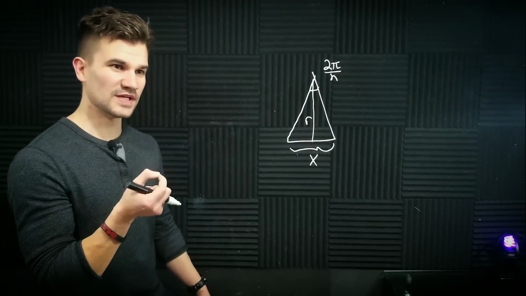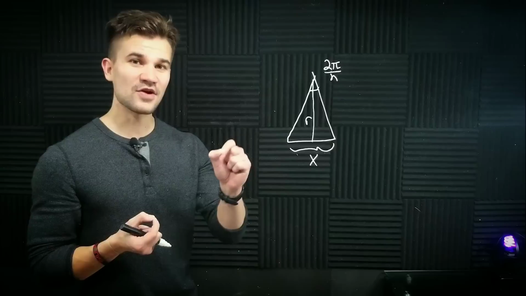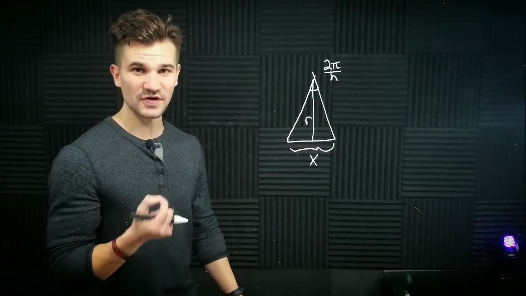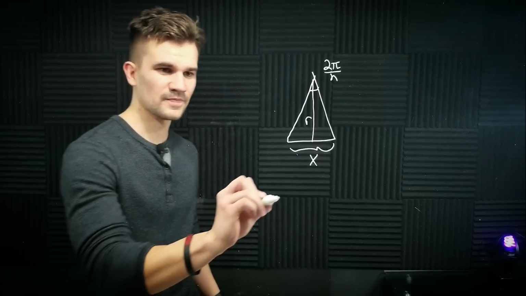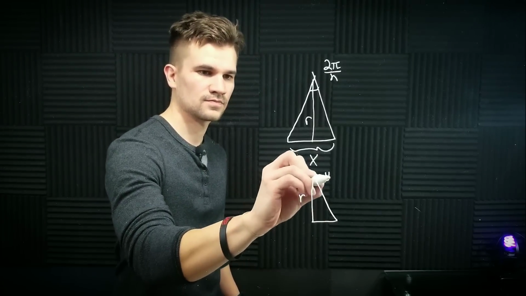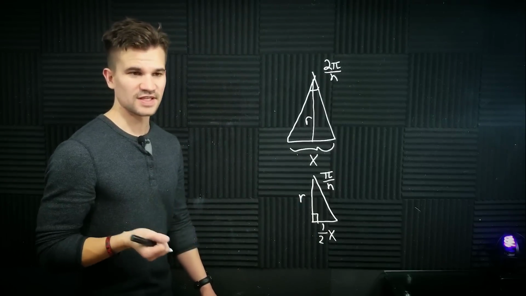So what we want to do at this point is to express x in terms of r and then find the area of this triangle in terms of r. So to get x in terms of r, let's look at half of this triangle. Just split like that.